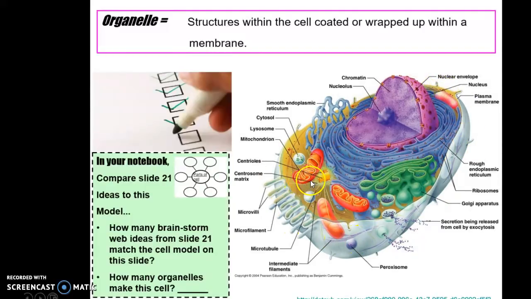You have membranes coating the mitochondria. That's 1, 2. There's a membrane inside the mitochondria. That's 3, 4, 5, 6, 7. Keep counting all the membranes and then put the total here for this beautiful eukaryotic cell model.